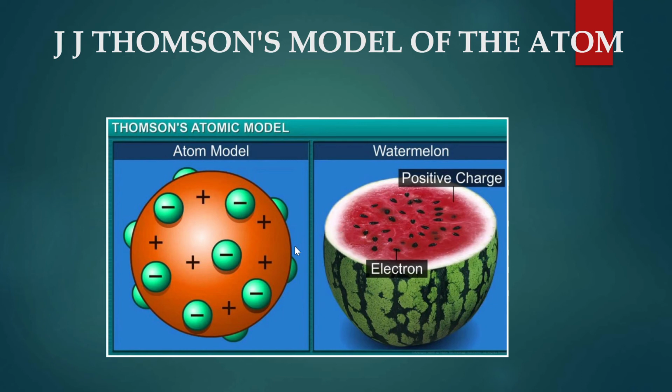Children, he said that the positively charged pulp has negatively charged electrons embedded in it. You compare the red pulp of the watermelon to be the positive charge, in which the seeds, which he assumed to be the electrons, are found embedded.